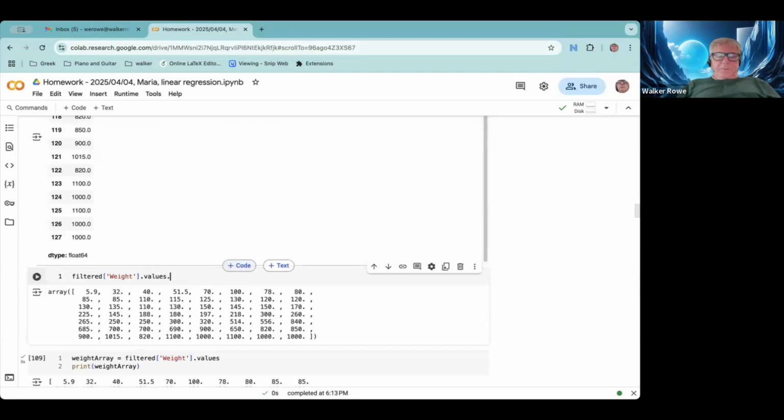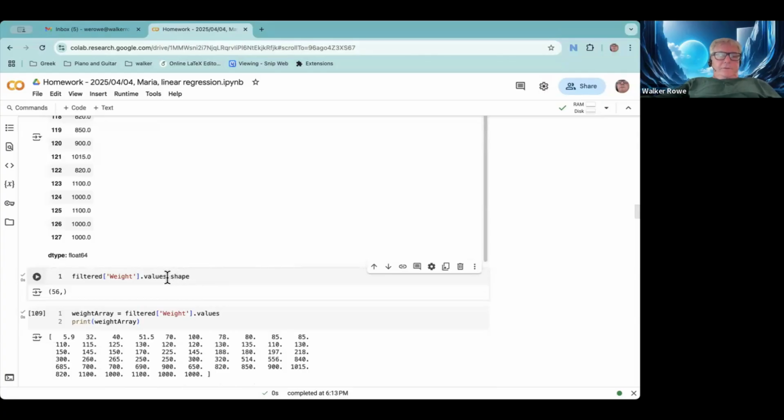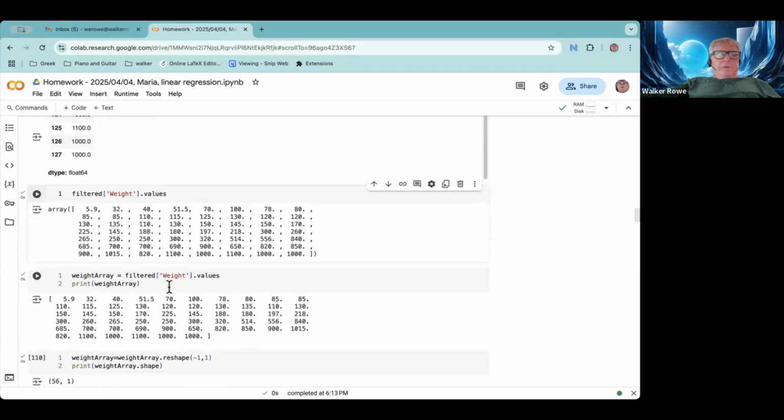We can say what shape does it have. 56 values, okay? So she's calling it weight array. When I'm doing this, I would use X and Y, because below you'll see we use what's called X train and Y train and X test and Y test.